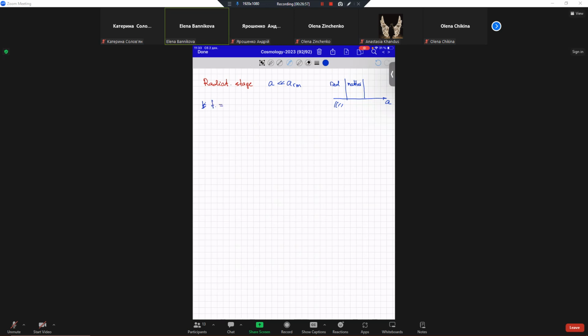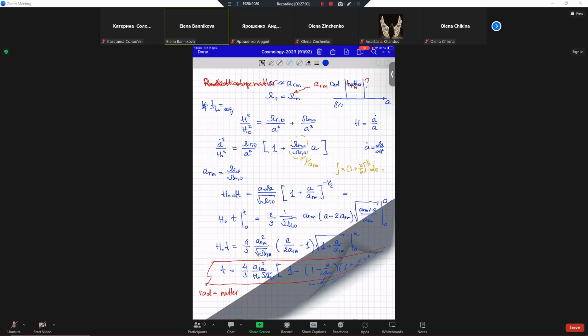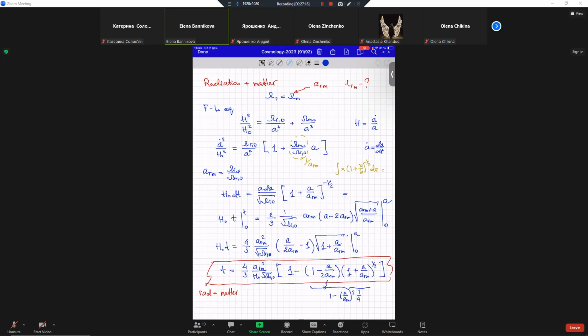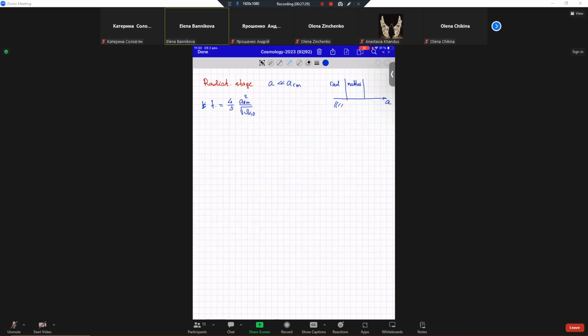It will be 4 divided by 3 a_eq squared, and we will put here 1 minus, and all of this we need to put in the parentheses with a 1 minus, so unities will disappear, and we will have only 1 divided by 4, a divided by a_eq squared.